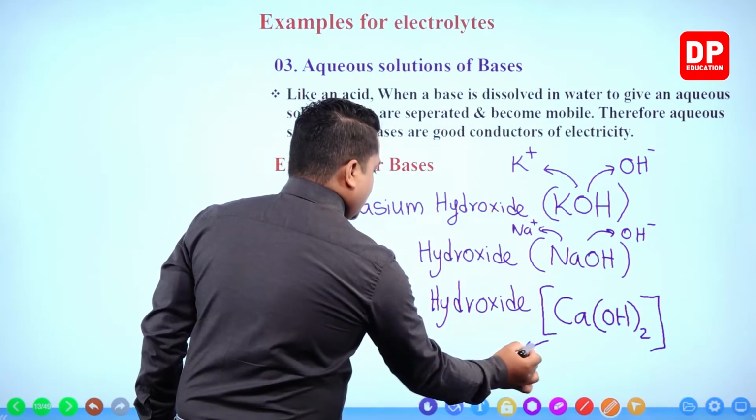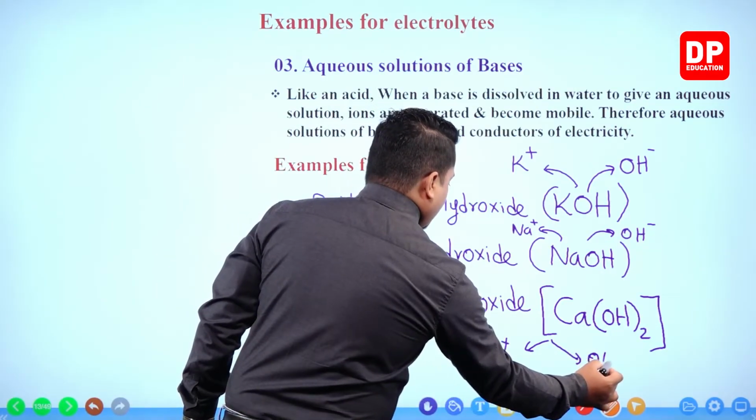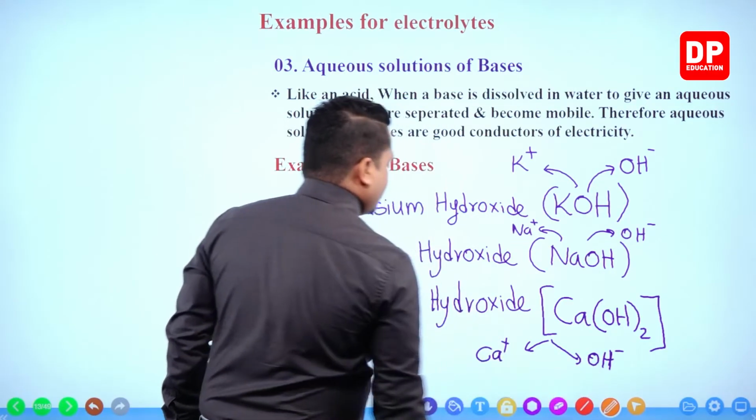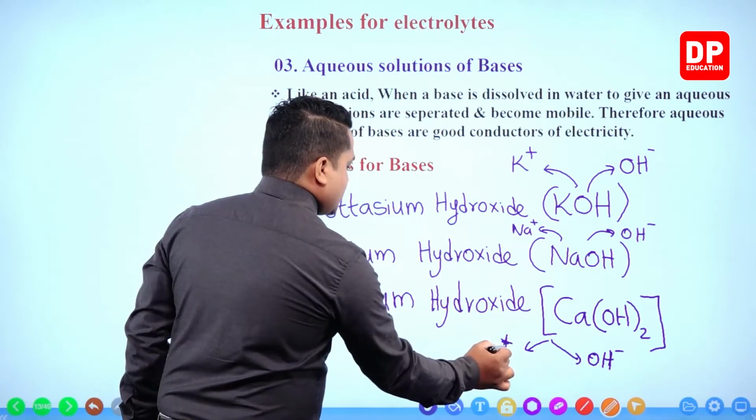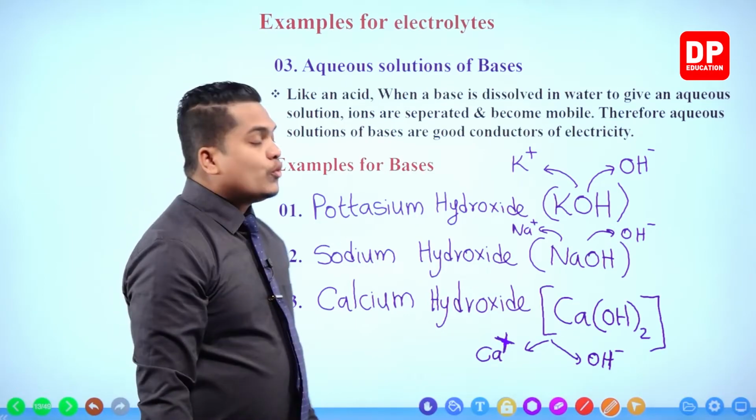So here it is separated as calcium plus and OH minus. You don't think about the charges like this, my dear children. Actually here, calcium is 2 plus.